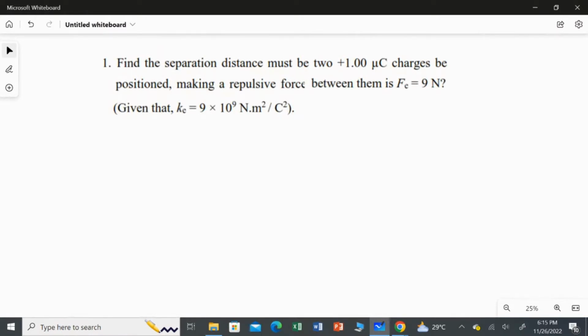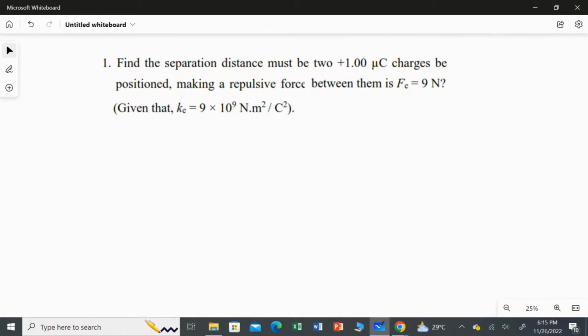Find the separation distance between two 1 microcoulomb charges positioned such that the repulsive force between them is F equal to 9 Newton. Given that the Coulomb constant is equal to 9 multiplied by 10 power 9 Newton meter square over Coulomb square.